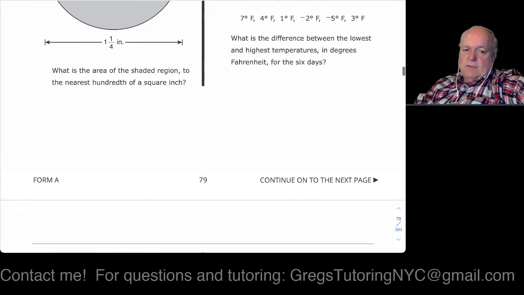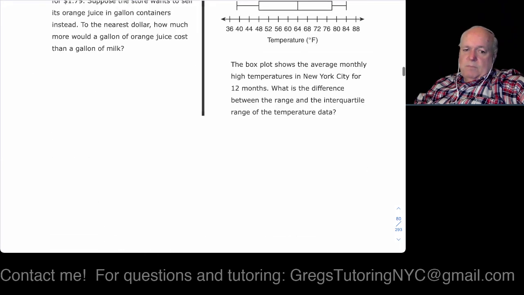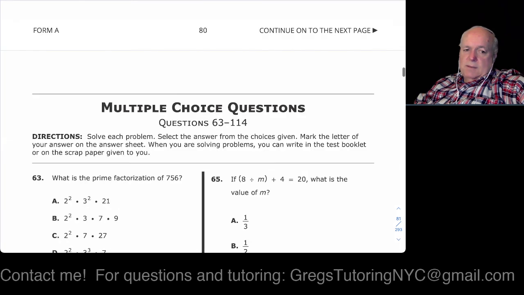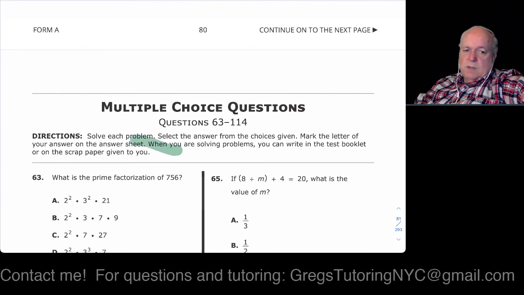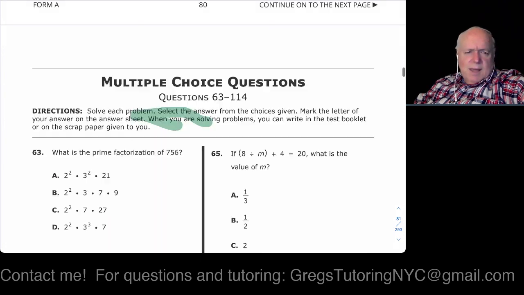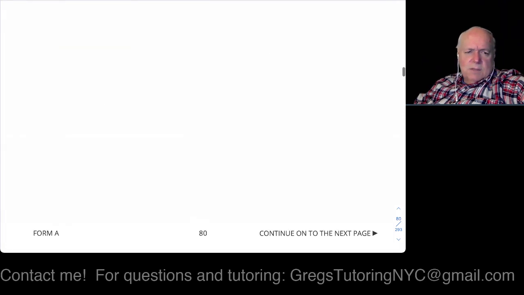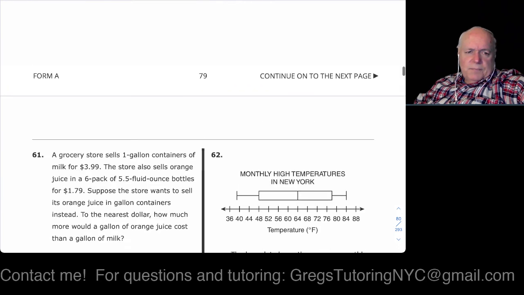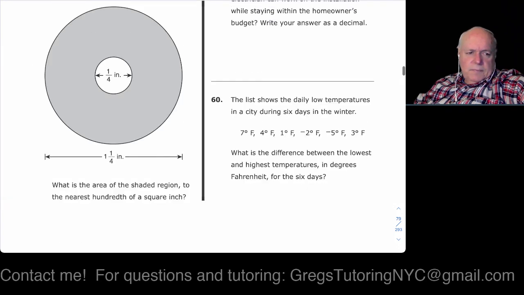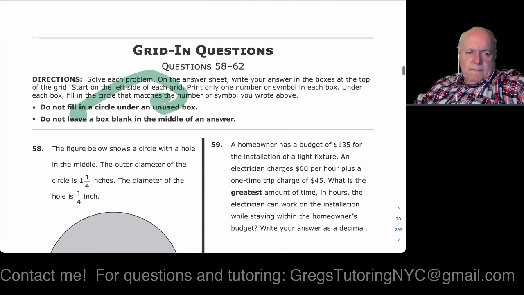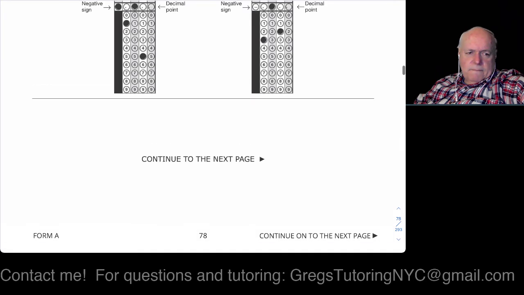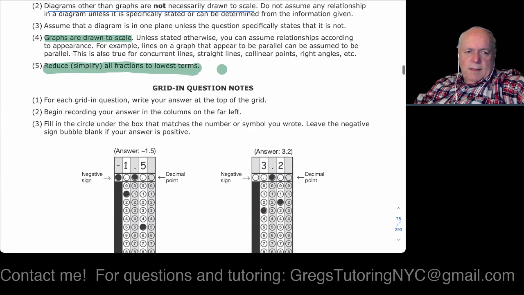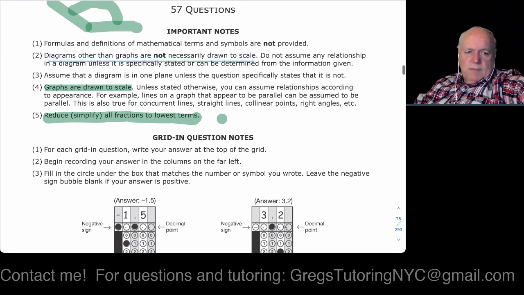Anyway, you have your 5 grid-ins here, and before the multiple choice there'll be a slight mention of things here as well. I think I skipped the line here that I wanted to talk about. Give me 1 second to go back to that. Yeah, if you notice, it says number 4, graphs are drawn to scale.